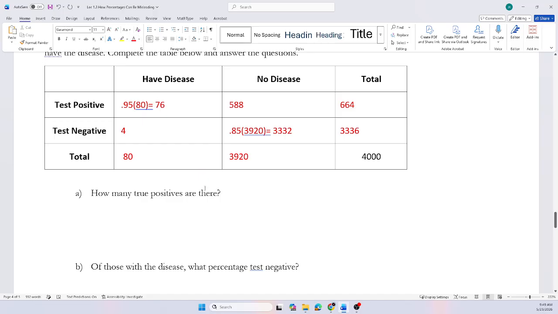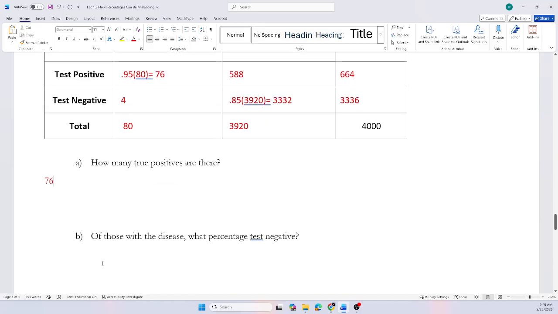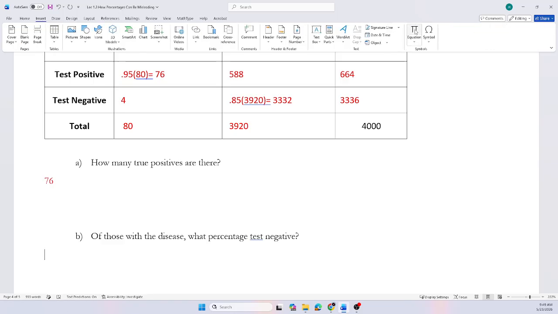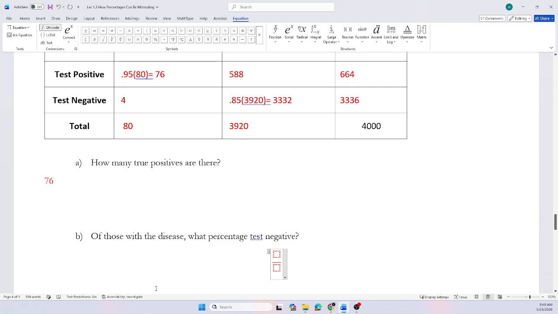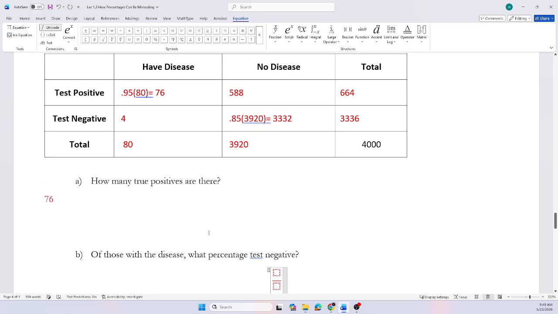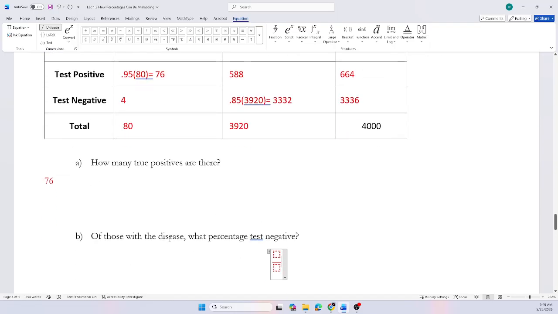How many true positives are there? So true positive means they have the disease and tested positive. So that would be 76. And let's go ahead and answer the next couple of questions. So the next question asks, of those with the disease, what percentage test negative? So there's 80 people that have the disease.